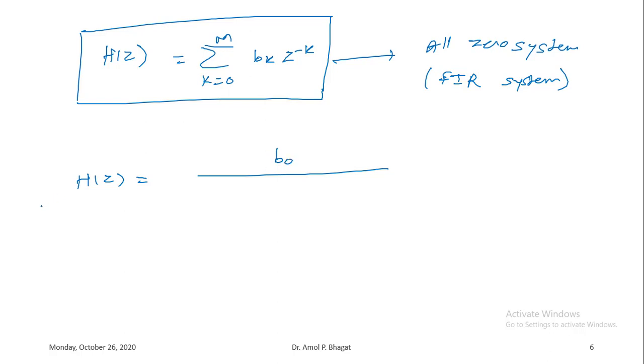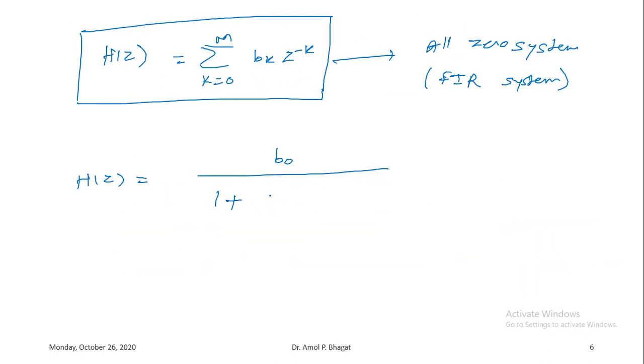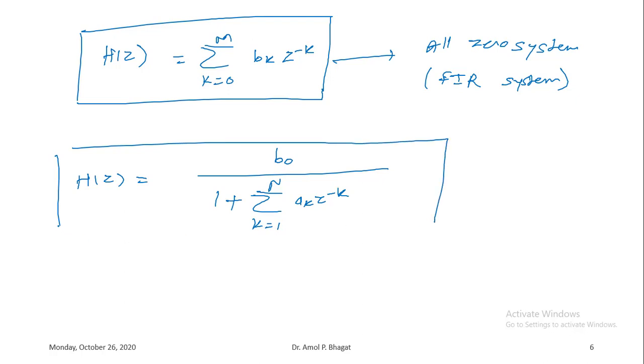And the denominator is 1 plus summation k equals 1 to N of a_k z to the power minus k. So in this case zeros are not there, only poles are there. Again, by avoiding the negative powers from the denominator and by factorizing it, we can identify the roots of this polynomial, so you will get the values of poles from the denominator.